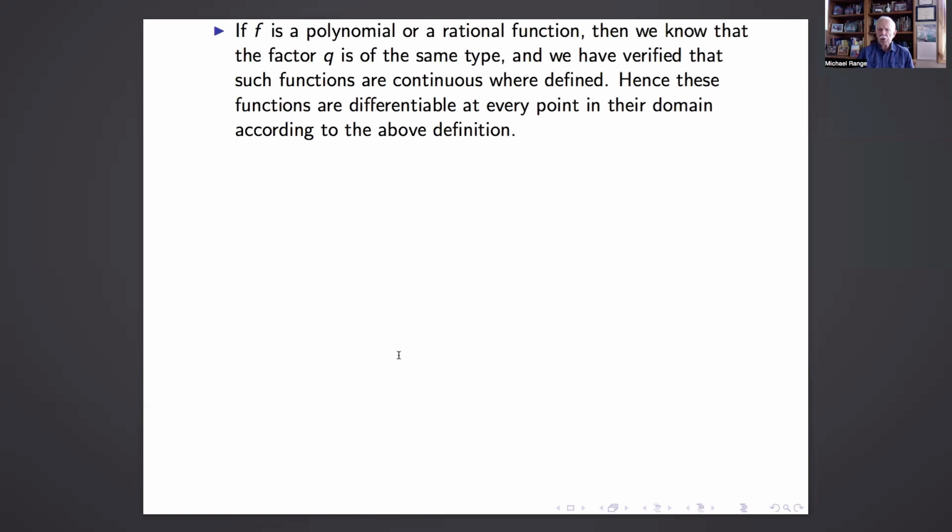If f is a polynomial or a rational function, then we know that the factor q is of the same type, and we have verified that such functions are continuous where defined. Hence, these functions are differentiable at every point in their domain, according to the above definition.